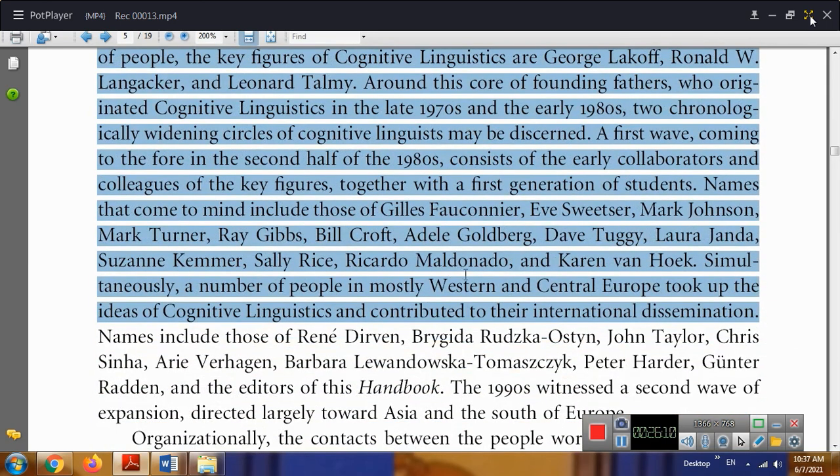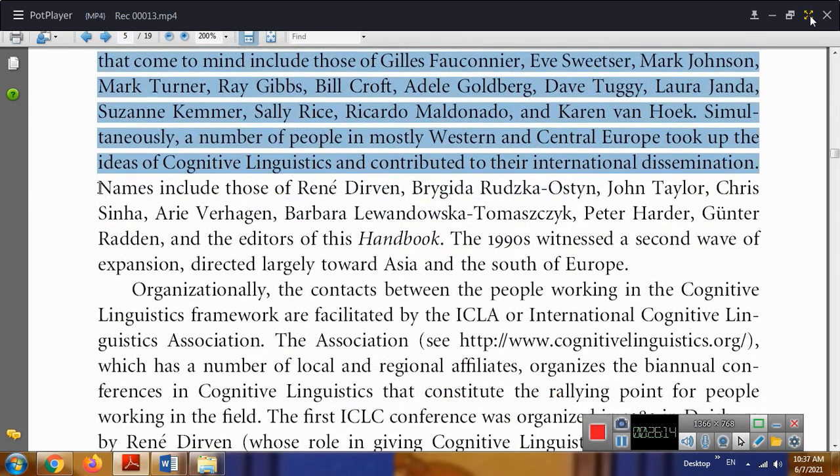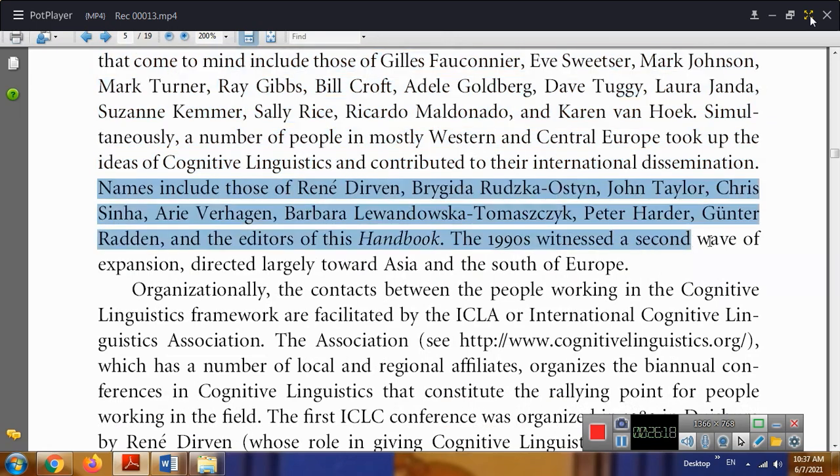And here you can see other important persons of this school. These persons are other important figures of cognitive linguistics, but I don't want you to know all of these names, just Langacker, Talmy and Lakoff are the important ones.